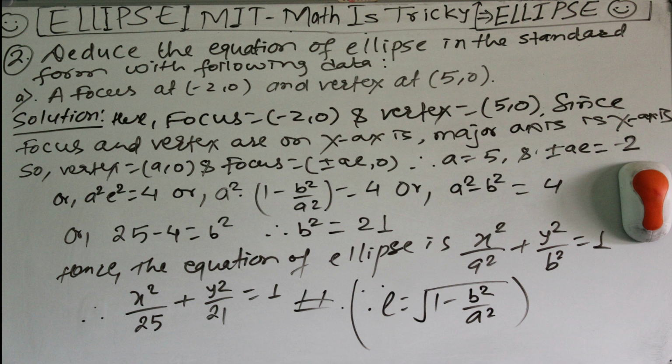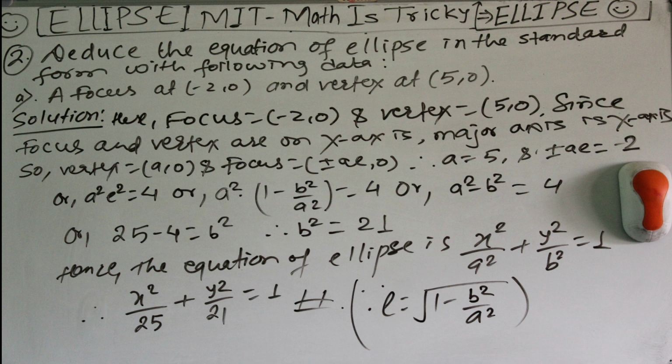Okay, so the formula for vertex will be a comma 0, so a comma 0 equals 5 comma 0, that will give a as 5, and focus will be plus minus ae comma 0, so from that we'll get ae equals 2, because focus is given as minus 2 comma 0.